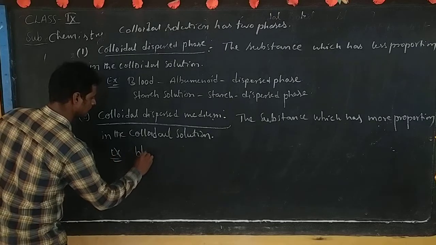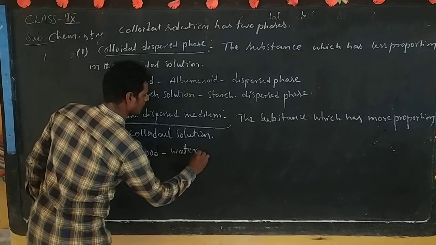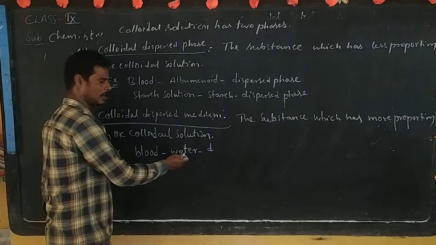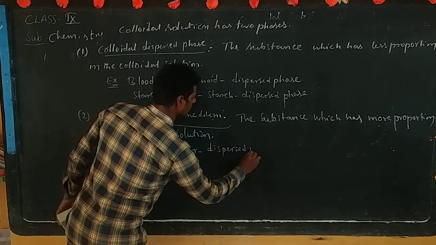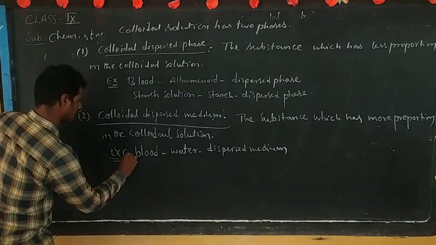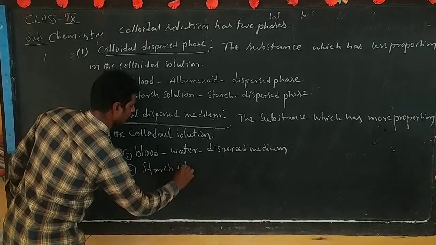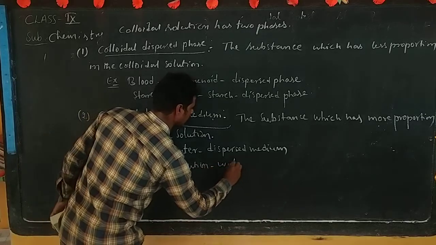Blood contains more water. Blood contains albuminoid and water, and water is the dispersion medium. Example 2, starch solution: water is the dispersion medium.